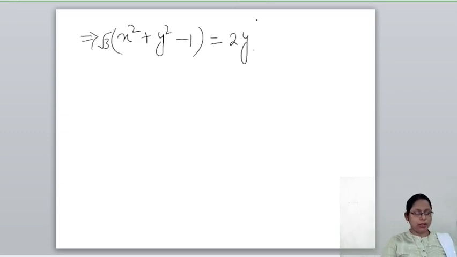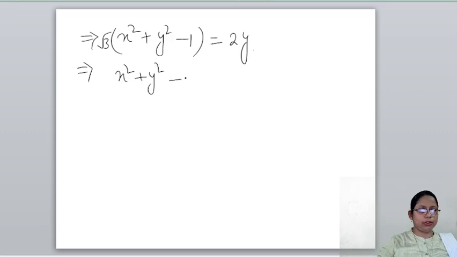This can be written as x square plus y square minus 2y by (root 3), minus 1 is equal to 0, if I divide this equation by root 3 and bring it to the left hand side.